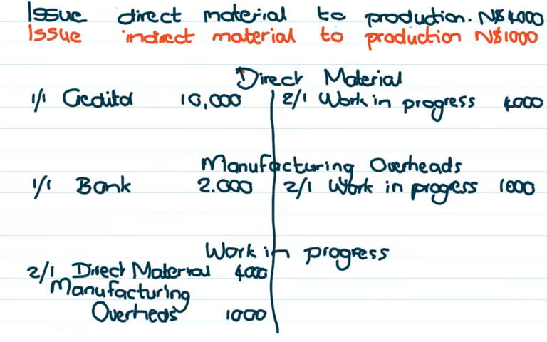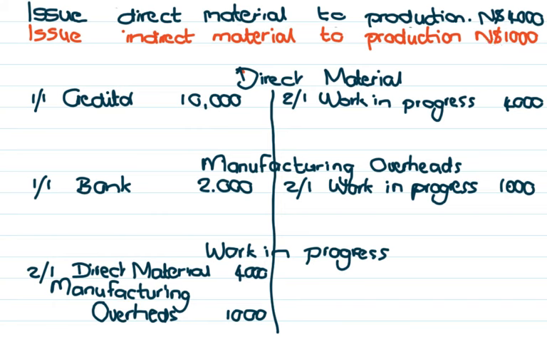In this transaction, we issue direct materials to production. Remember that we discussed we will have a direct materials account, and then we will issue it to the production department because the direct materials will still be in the store. So now we issue it to production for 4,000, and we also issue indirect materials for 1,000.